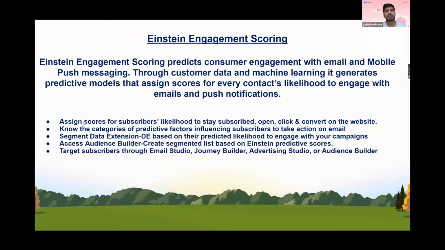As I said, it assigns a score for a subscriber's likelihood to stay subscribed, open, click, and convert on the website. It will categorize all the subscribers based upon who are likely to open your email, and who are just window shoppers, who subscribe to your products and services but are not interested in purchasing. You can form a strategy to convert them from dormant to active and things like that.